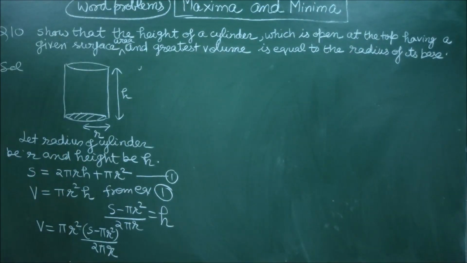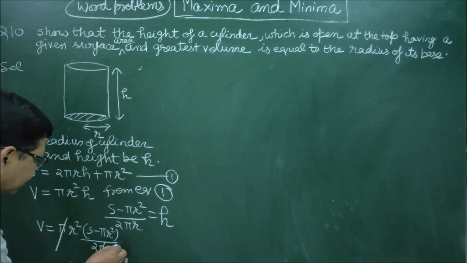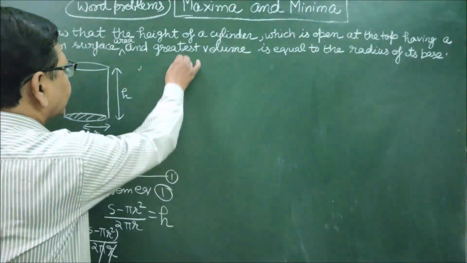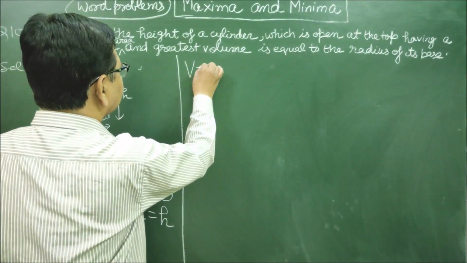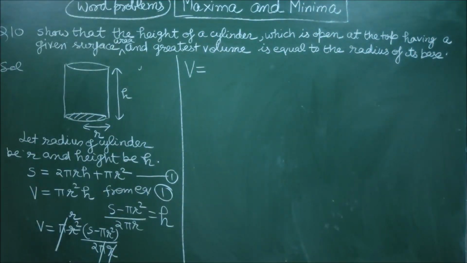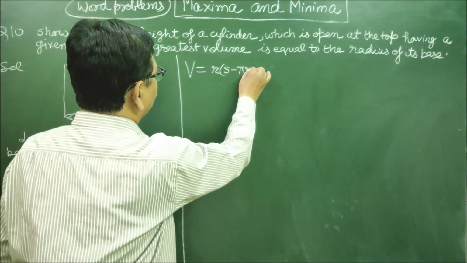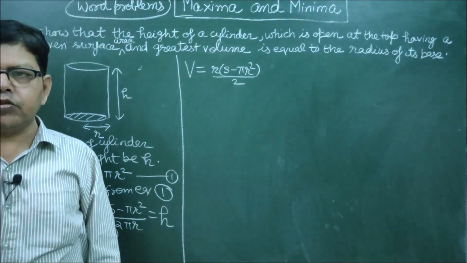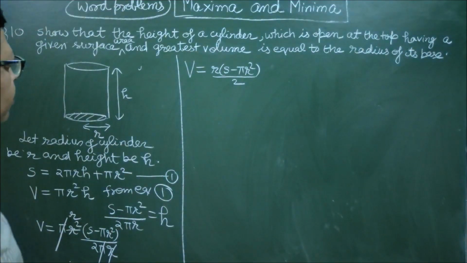Now pi and pi get cancelled, and one r also cancels. So we get volume V is equal to r into S minus pi r square upon 2. Now this volume is converted into one variable.